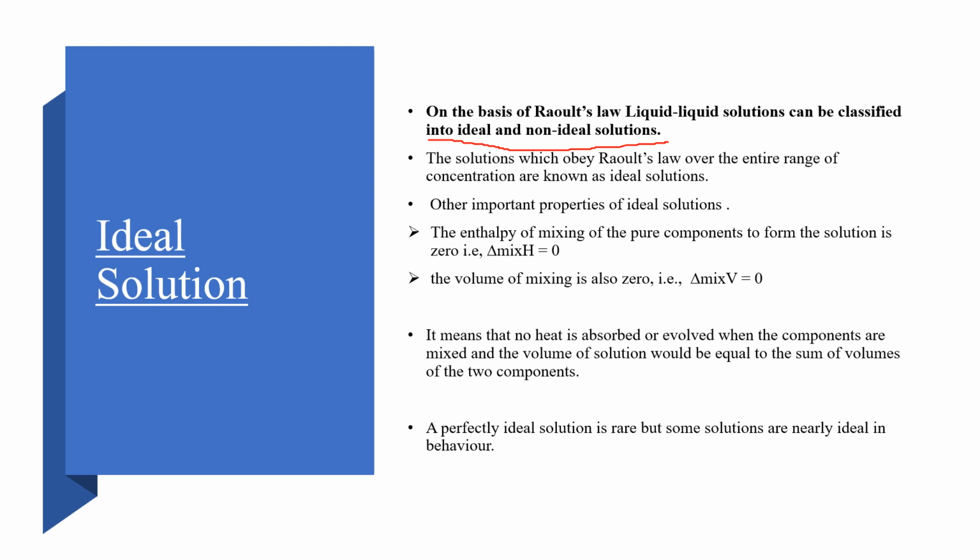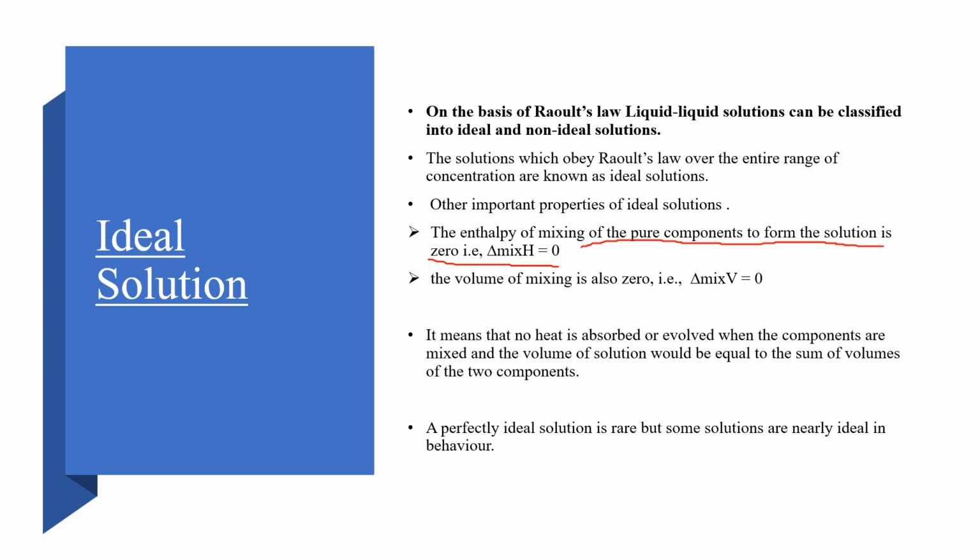According to Raoult's law, the ideal solutions are those solutions which obey Raoult's law over the entire range of concentration. Such types of solutions are known as Raoult ideal solutions. Other important properties of ideal solutions: the enthalpy of mixing of pure components to form a solution is zero.